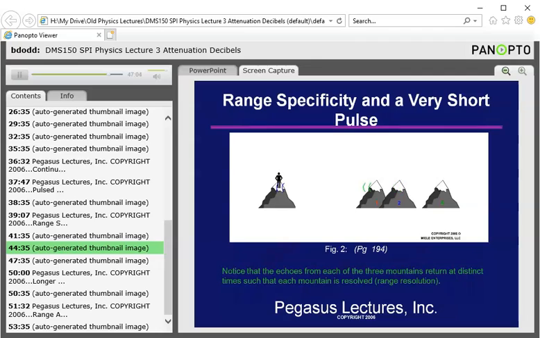To go 1 centimeter, it takes 6.5 microseconds. To go 1 centimeter depth, remember, you have to do the round trip, and it takes 13 microseconds.